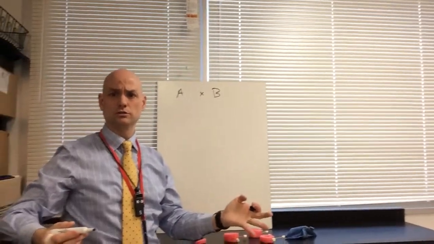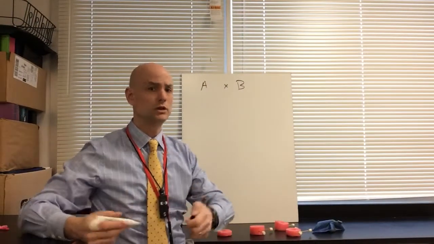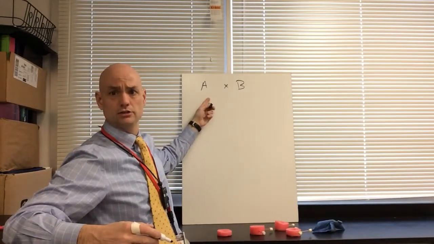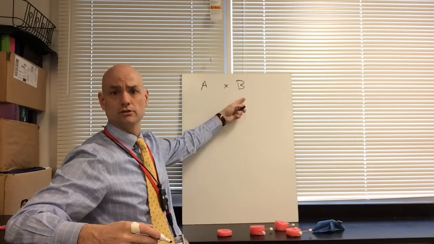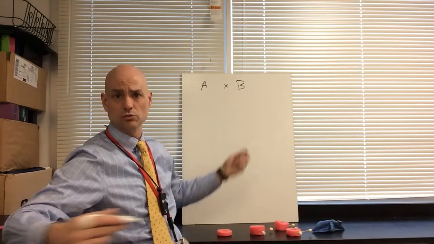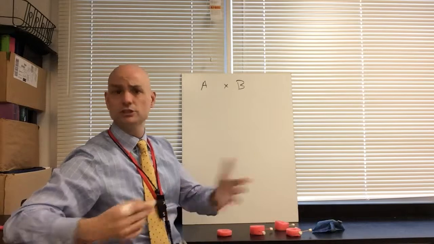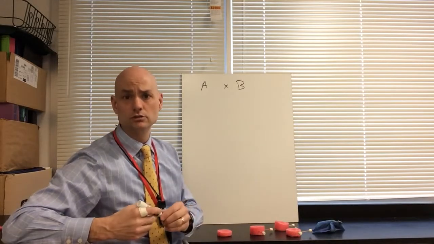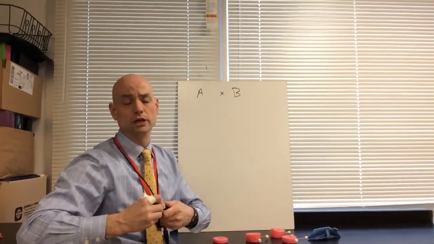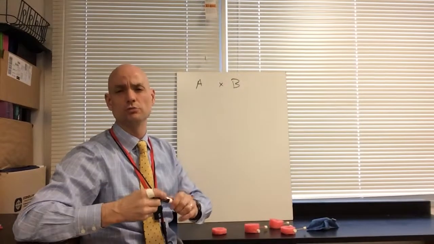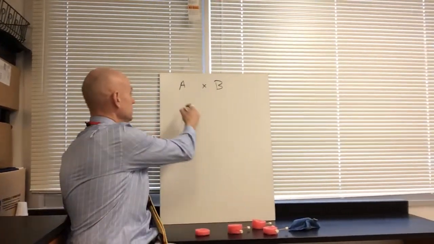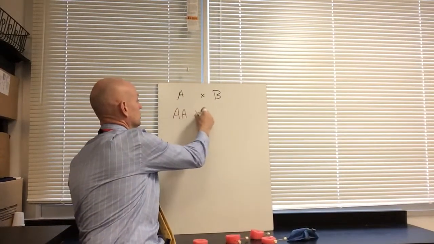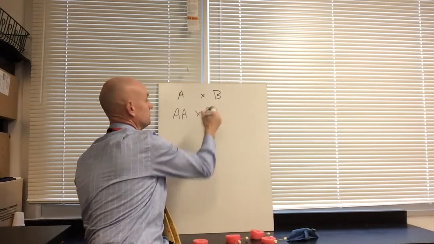Now, of course, we don't know if this is homozygous or heterozygous, and homozygous or heterozygous. So we're not sure right now. Let's just assume that they're homozygous, let's start with homozygous. That would be like AA crossing with BB.